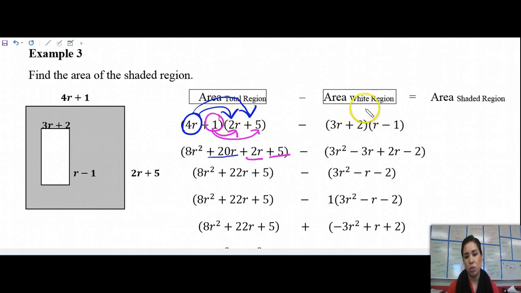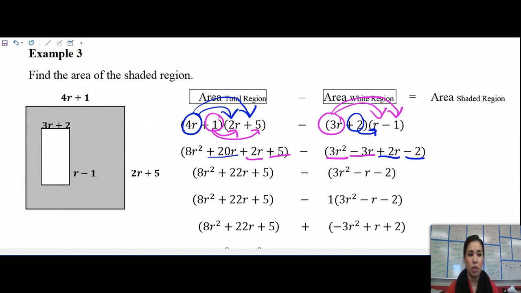Let's go ahead and do it on the other side also. 3r times positive r. Well, 3 is just 3, and then r times r is r squared. Then 3r times a negative 1 is a negative 3r. And now let's do the second part. So positive 2 times positive r is a positive 2r, and a positive 2 times a negative 1 is a negative 2. And now we need to start combining our like terms.